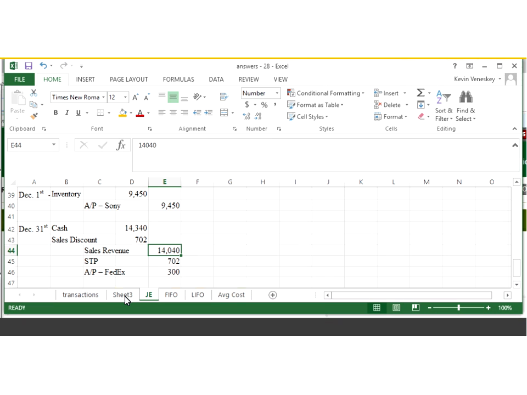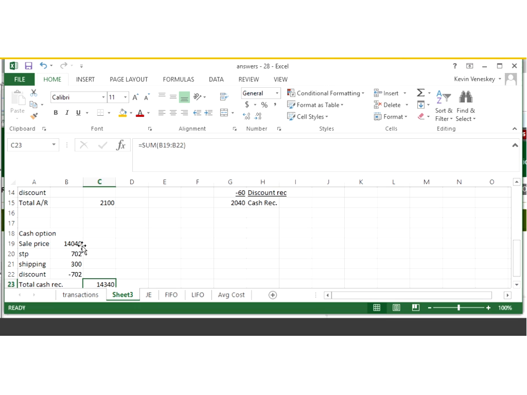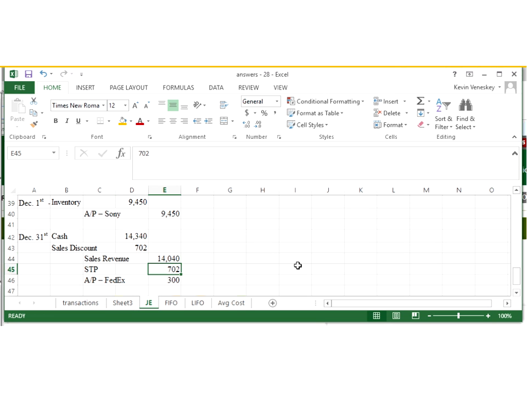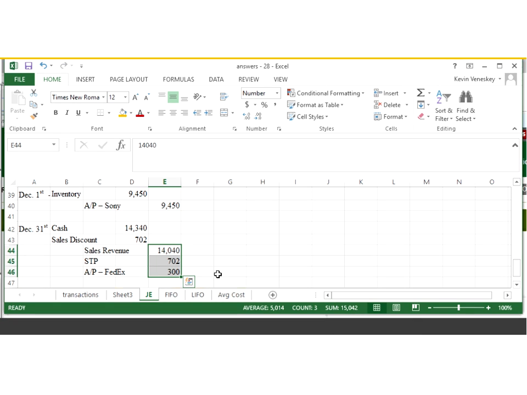I had sales revenue, $1,440. Yep. I need to show that I owe the government $702 in sales tax. And I need to show that I am going to need to owe FedEx money up front. So when you add up my 2 debits, I get $15,042. And when I add up my 3 credits, I get $15,042, so I do balance.